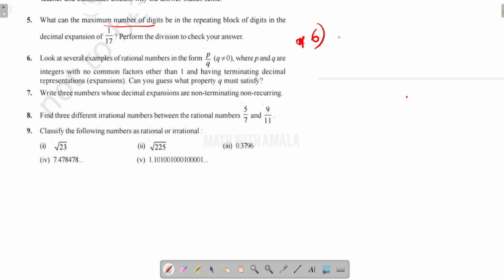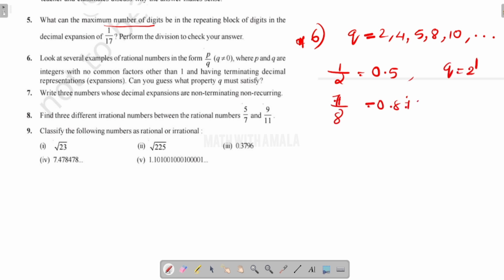Here in this question, you're having the definition of the rational numbers which is of the form p by q, where q not equal to 0. Also, there is one more condition, that we should take a terminating decimal expansion. For that, we have to take q as 2, 4, 5, 8, 10 like that, because only with these denominators we are having a terminating sequence.